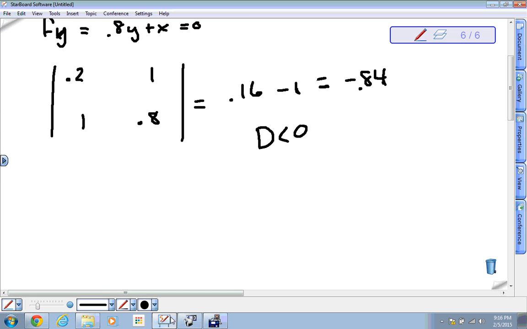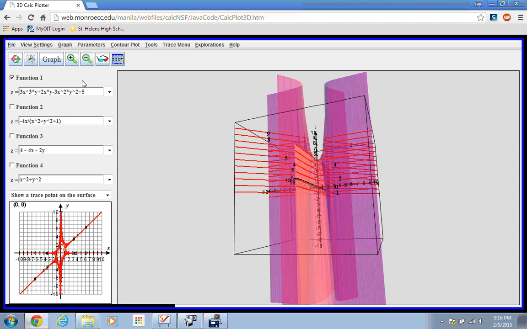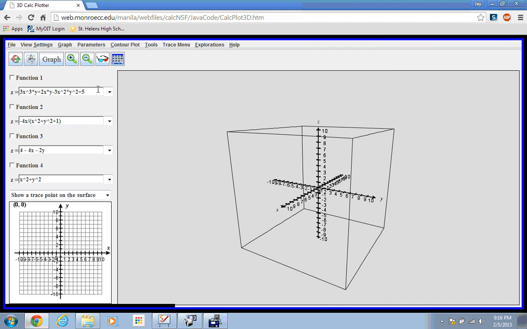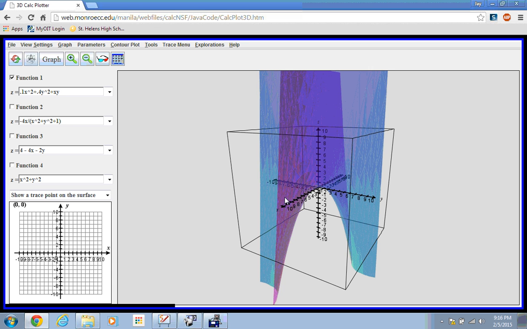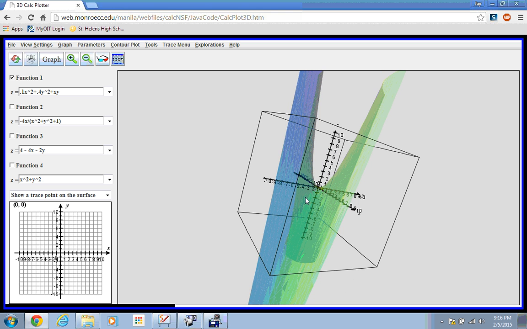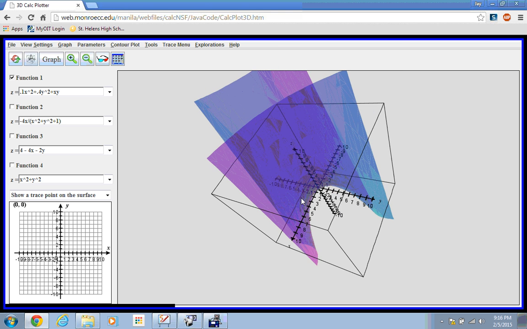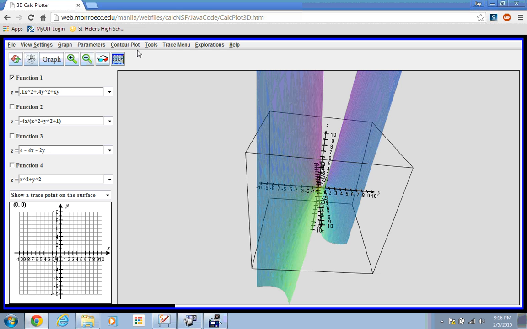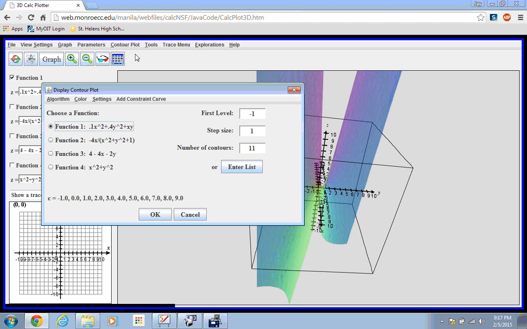Well, that picture that I drew earlier, I'll go ahead and regraph it real quick so we can see it again, is that classic saddle point look. And where does it occur? It occurs at 0. That's the look of the graph, and here's its contour plot.